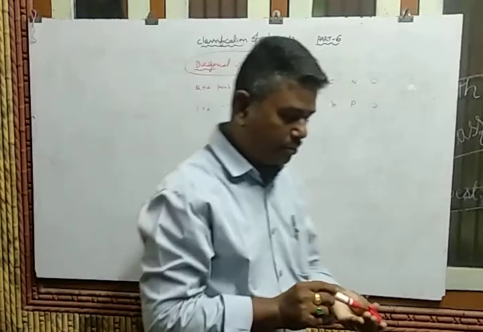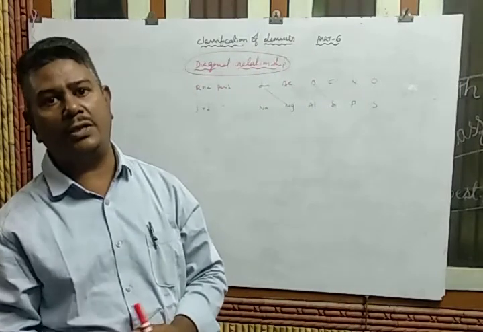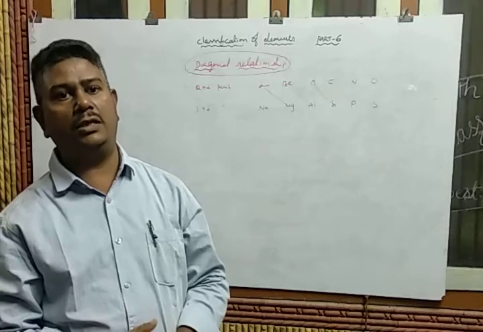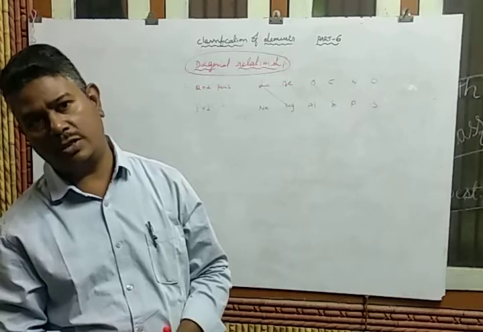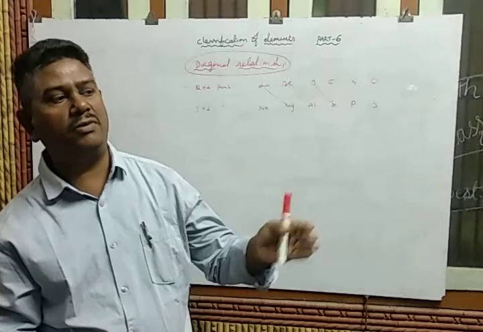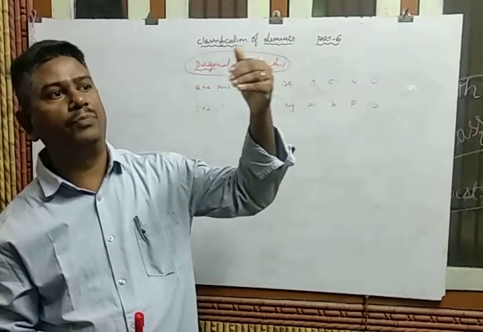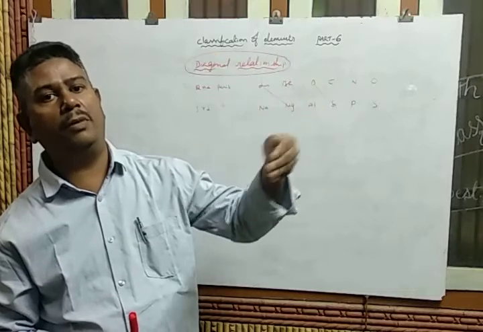So that is about the classification of elements and how the periodic properties change, which was discussed in this total session. In the classification of elements, we discussed classification based on electronic configuration: s block, p block, d block and f block.